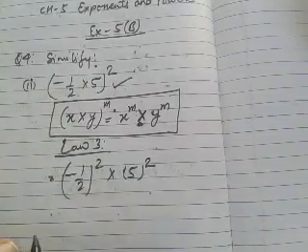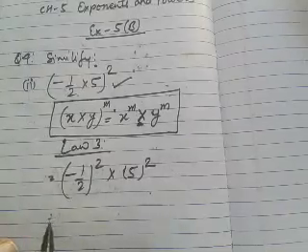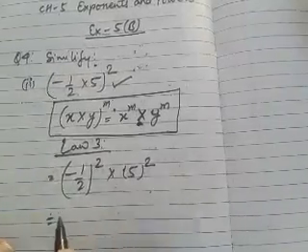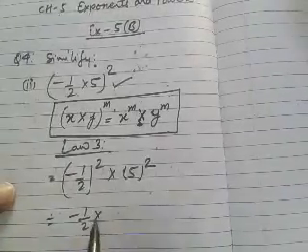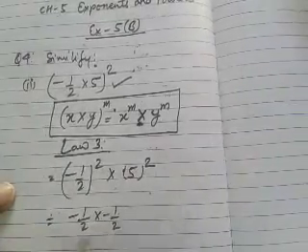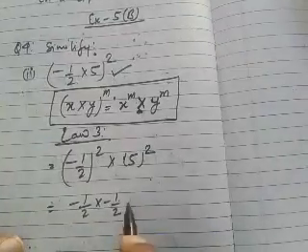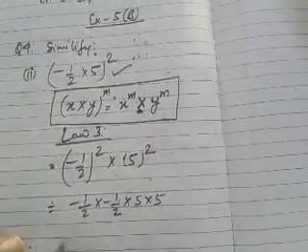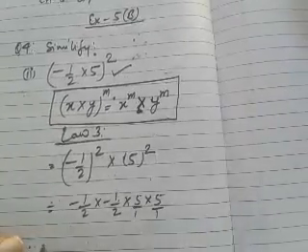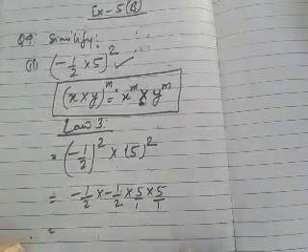Then we can simplify this: minus 1 by 2 means this root right here 2 times, then 5 also right here 2 times, and then solve these numbers.